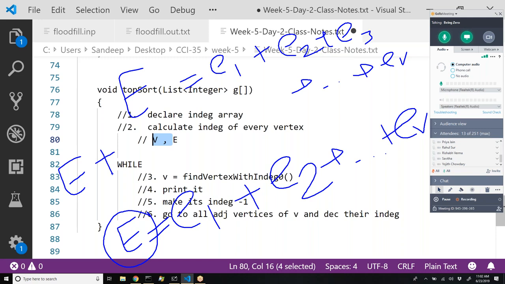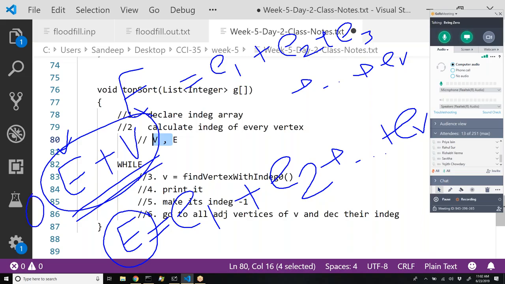Okay, 10 times. Correct? So V times it will run. So we never say it's only E. Ideally, E would have covered it if all the vertices were connected, because we are running it the number of edges times. But we typically express it this way so that we are not missing the case when edges are not there. Then at least we are going V times. So it's expressed as E plus V. That's the time complexity of this. Make sense?